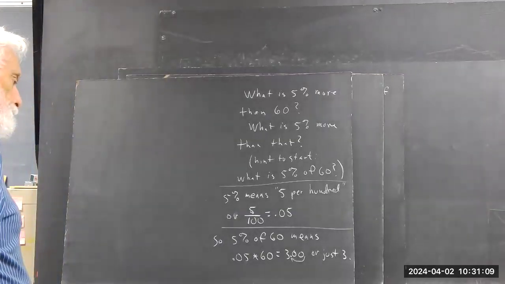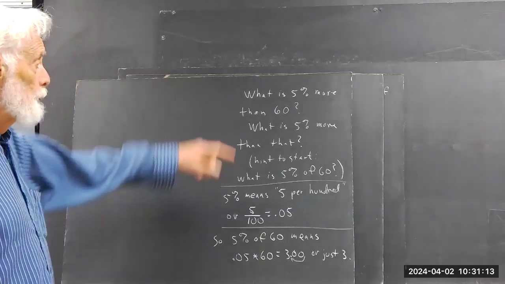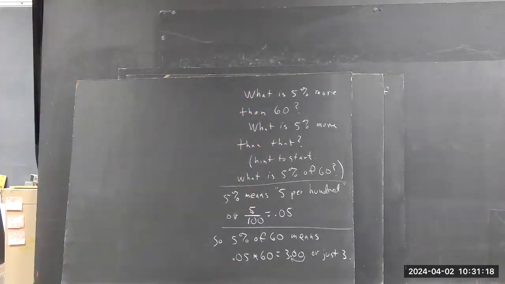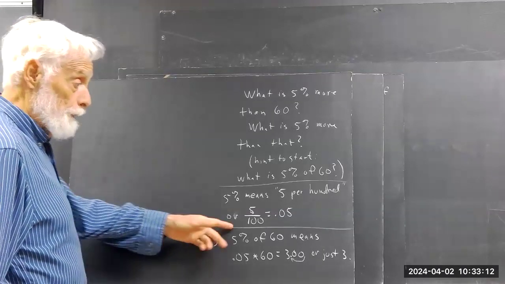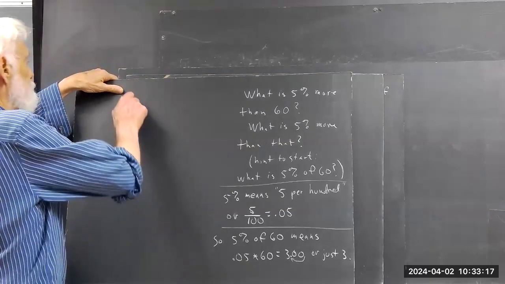Okay. So 5% of 60 is 3. What's 5% more than 60? Okay, now I didn't get any, at least any written response to this question. What's 5% more than 60?